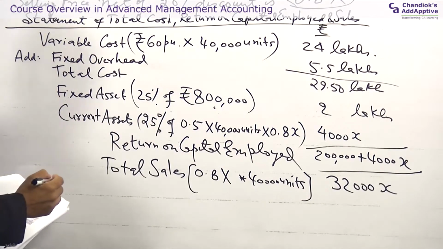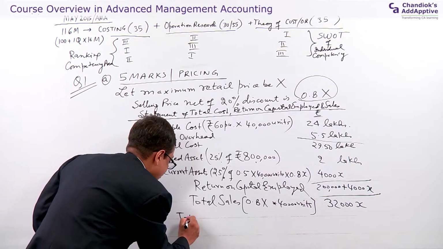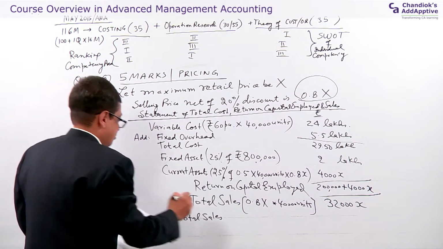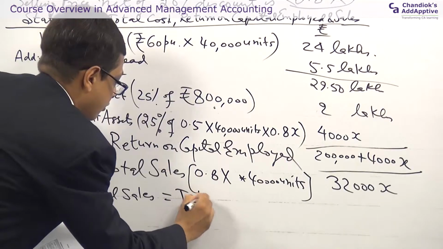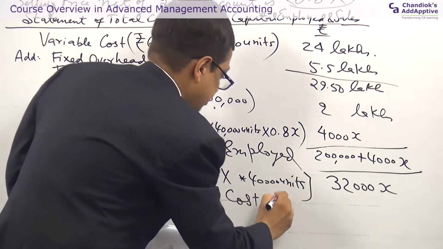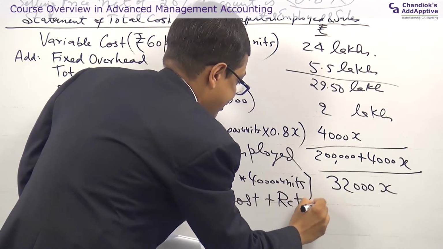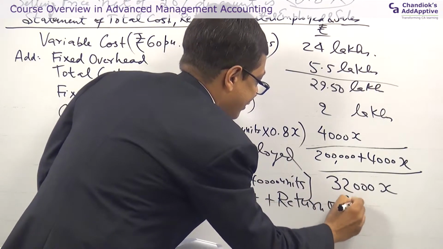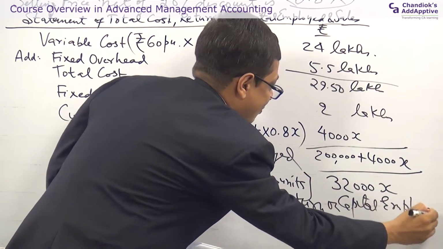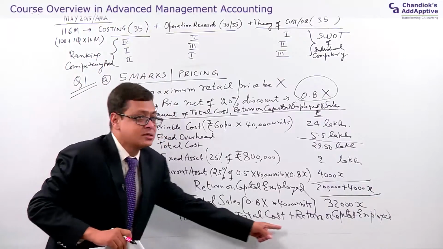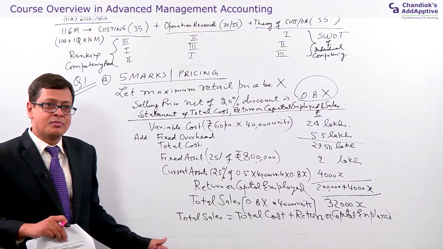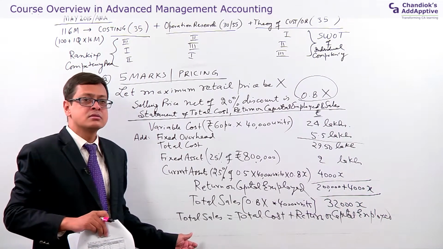Now, this total sales has to be matched with total cost plus return on capital employed. So we have to match these two things to get the desired result. So I am rubbing the board and we are going to solve this.